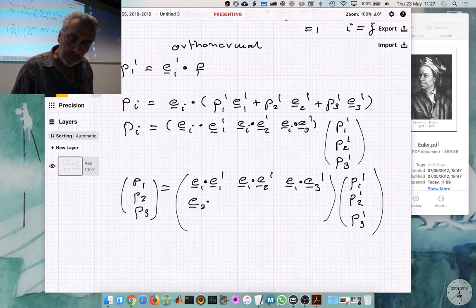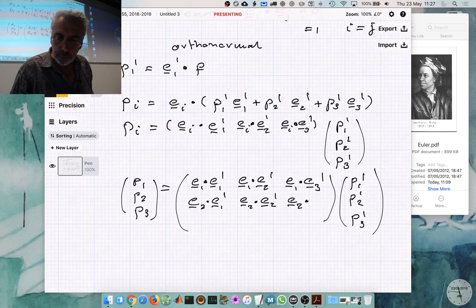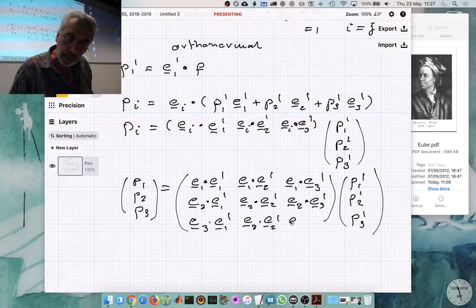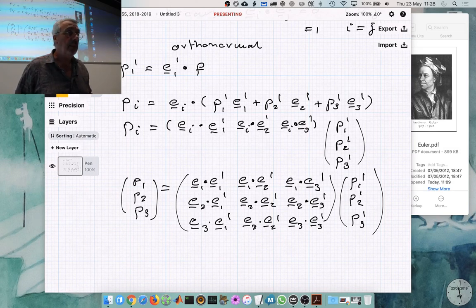And here we have E2 E1 prime, E2 E2 prime, E2 E3 prime, and then E3 E1 prime, E3 E2 prime, and then E3 E3 prime. And those are actually all the dot products you can take if you have these three vectors here, and you make a combination of 2, then these are all the 9 combinations you can make.